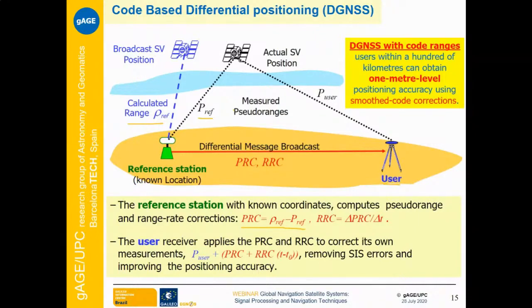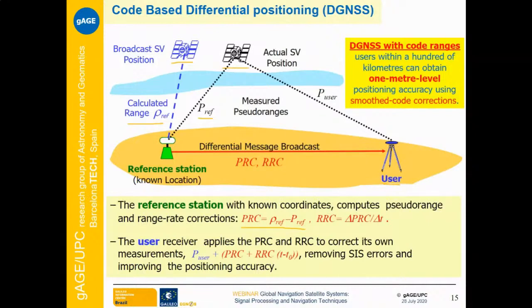For example, with the ephemerides error, the position broadcast by the satellite is in one place, but the satellite is in another coordinate. The actual position is not exactly coincident with the broadcast position.